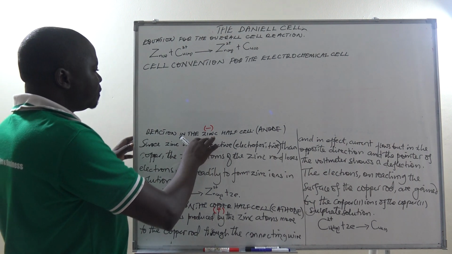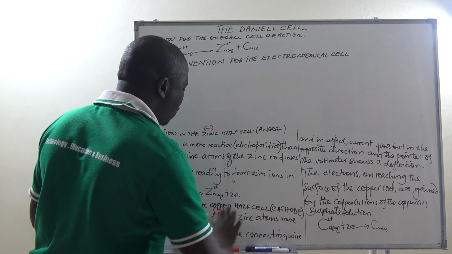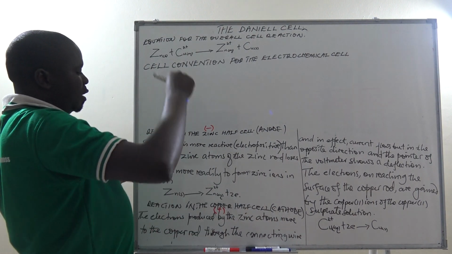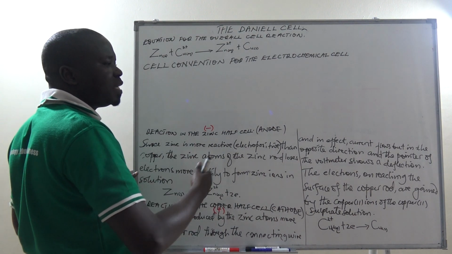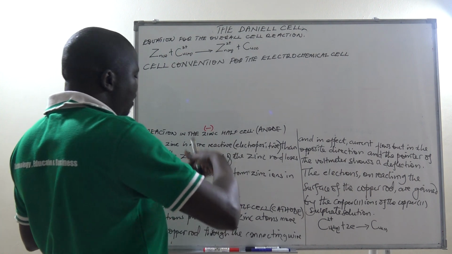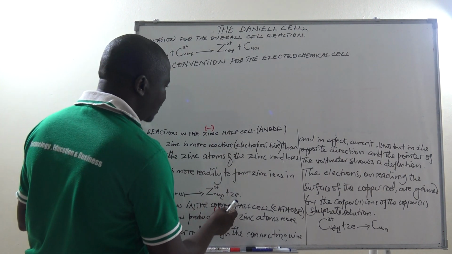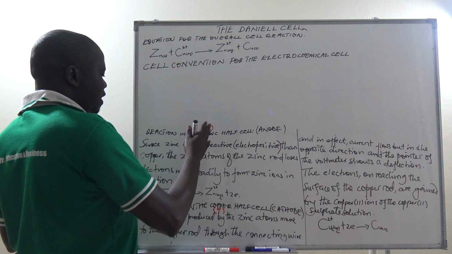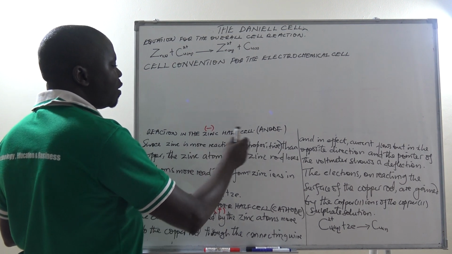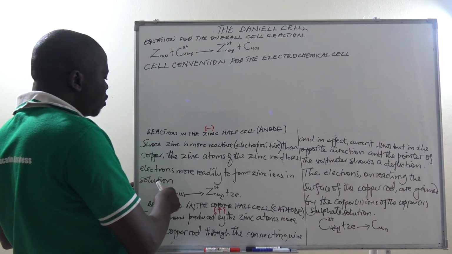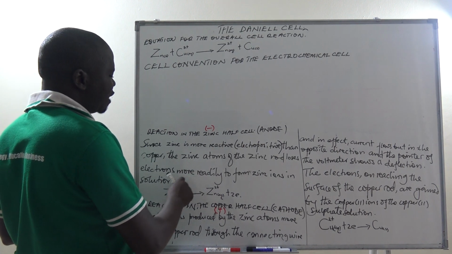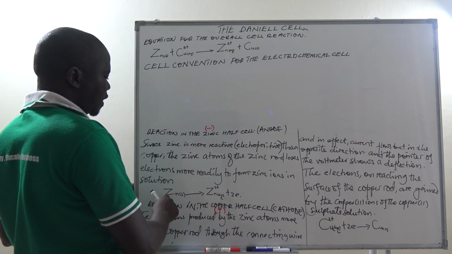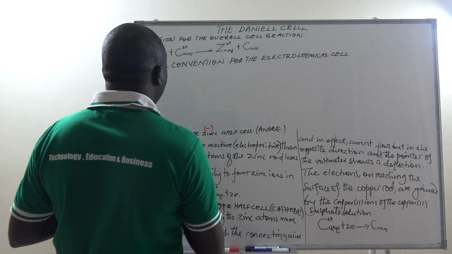So we can see that zinc is more reactive than copper. So zinc loses electrons or behaves like a metal faster than copper in this case. So in this case, zinc is more reactive or more electropositive than copper. So the first reaction is the loss of electrons by the zinc atoms to form zinc ion in solution.